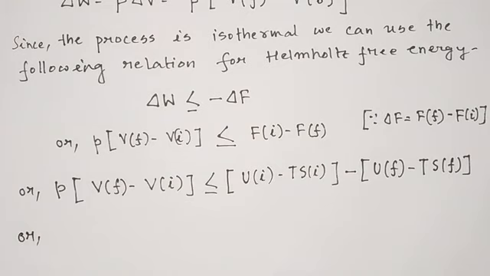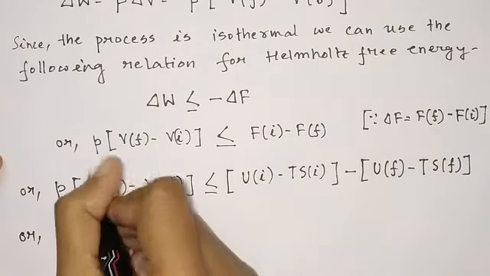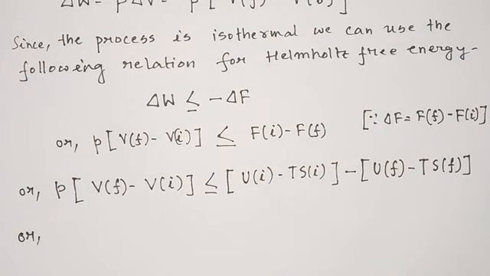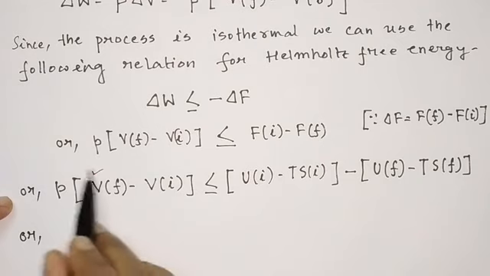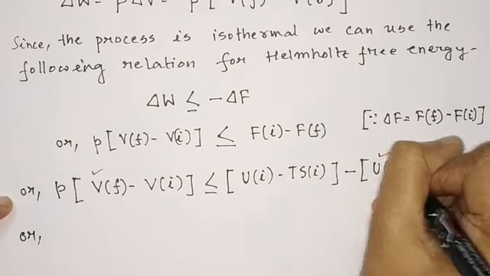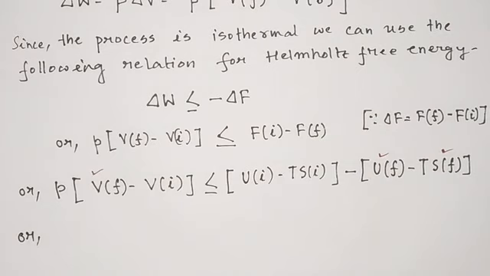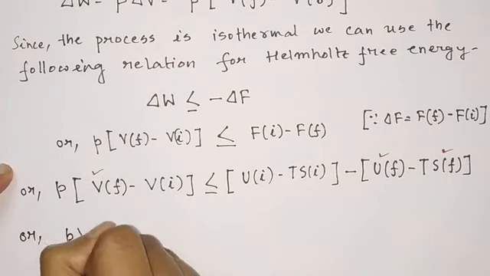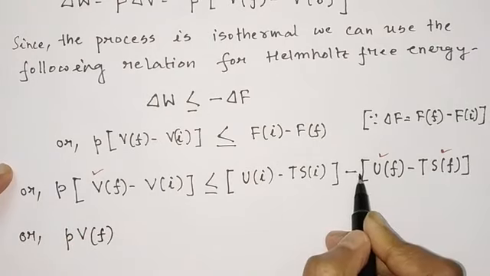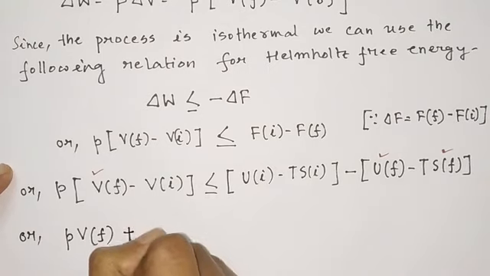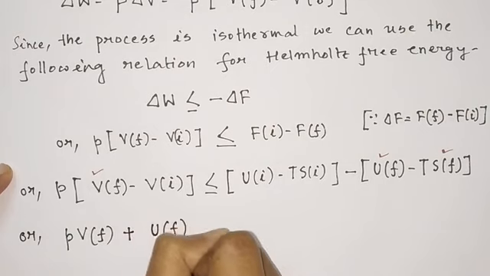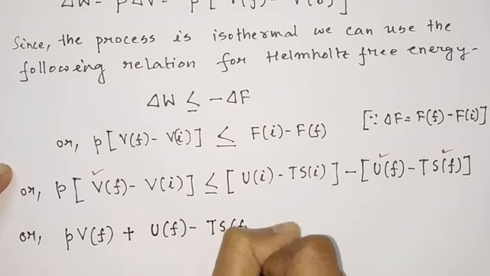Now what we'll do, we will bring all the terms for the final state on the left hand side and all the terms for the initial state on the right hand side. So what are the terms for the final state? If we remove the bracket, this is PVf, then this Uf and TSf term. So on the left hand side, it will be PVf, then if this whole term comes on the left hand side, it will come as plus, so plus Uf minus TSf.